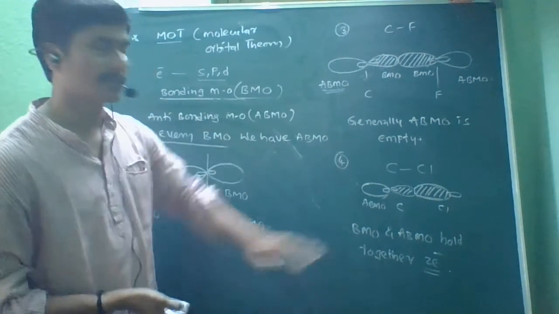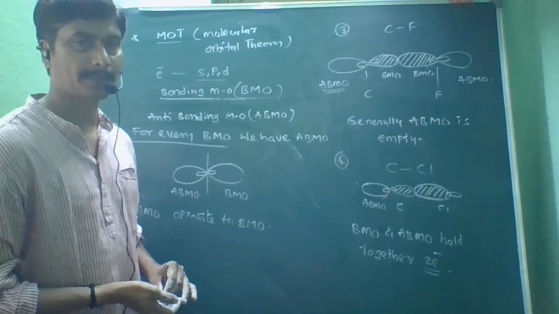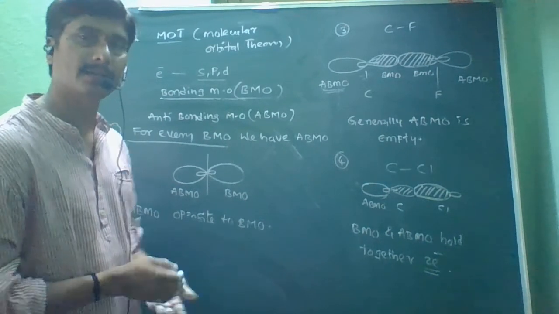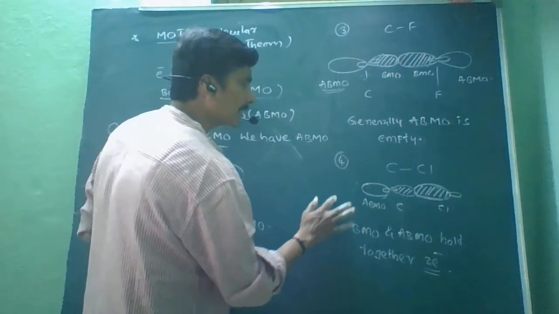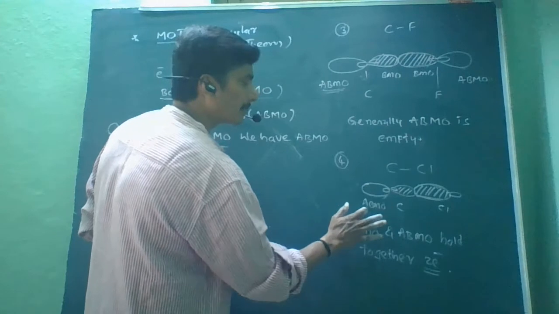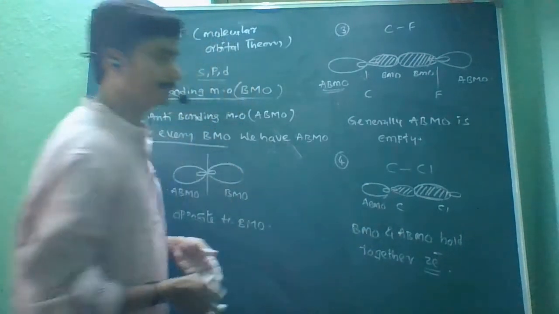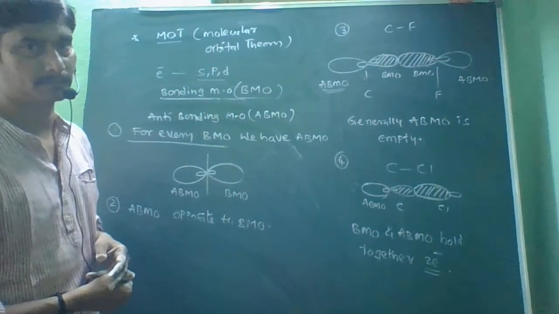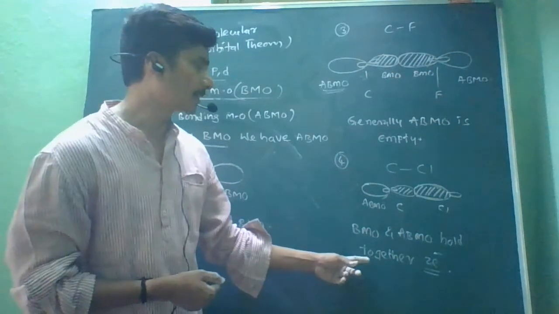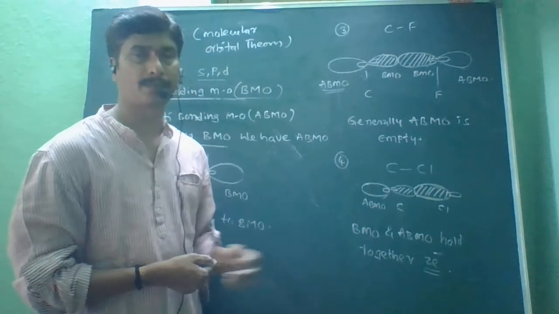For some reason, if electron density increases in the anti-bonding molecular orbital, then this rule is violated.